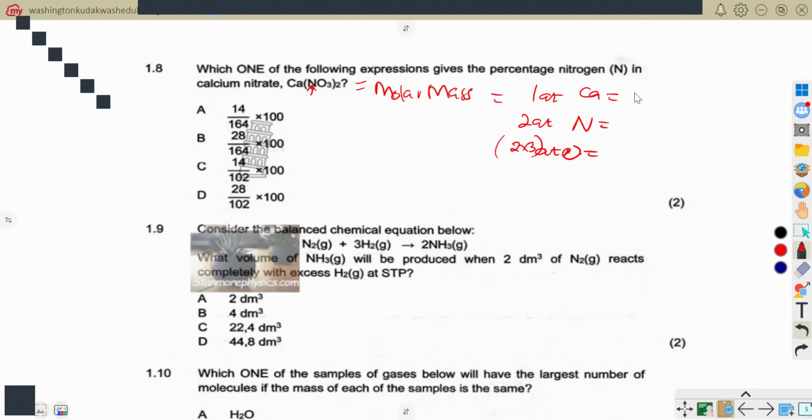So one atom of calcium has got a relative atomic mass of what? That is what we need to look for. What is the relative atomic mass for calcium?